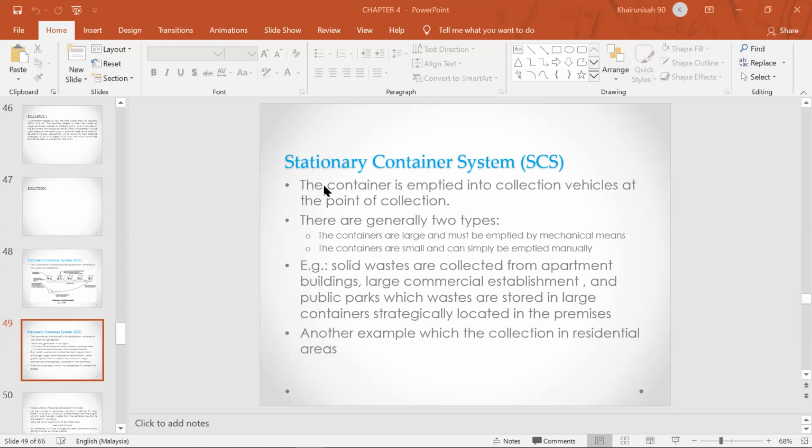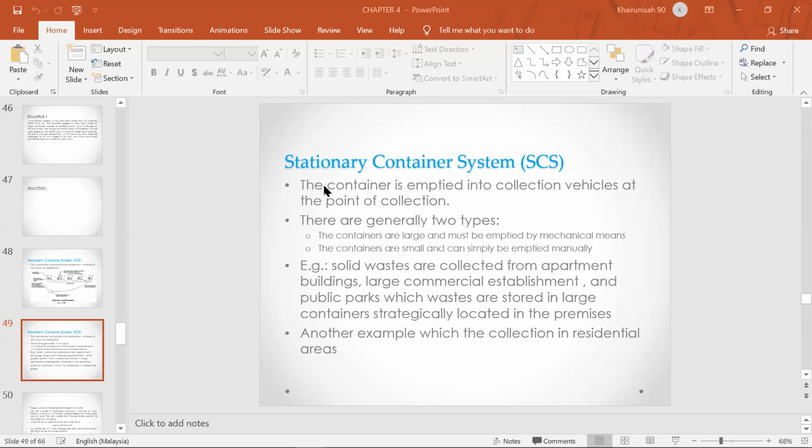Almost all vehicles contain internal compaction equipment because they carry large amounts of waste. The advantage of this SCS is that vehicles do not travel to the disposal area until they are full, yielding higher utilization rates. The disadvantage of this system is that it is not flexible in terms of picking up bulky items.